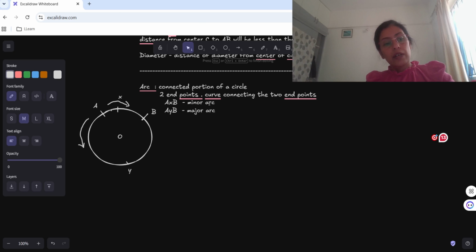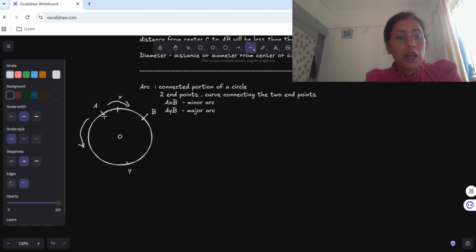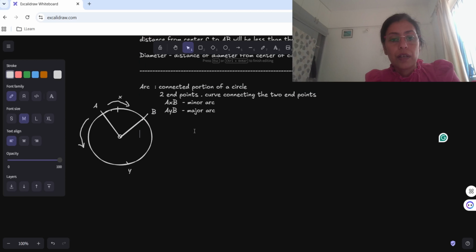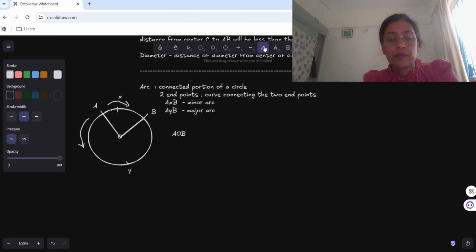So next what we'll understand is, I'll join this A to the center. I'll join this B to the center. Now what I see is it forms an angle AOB, right?